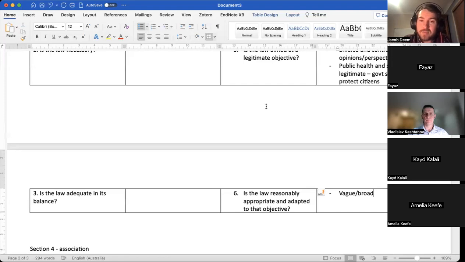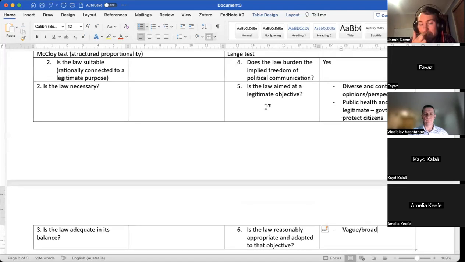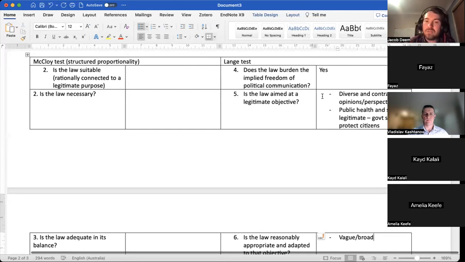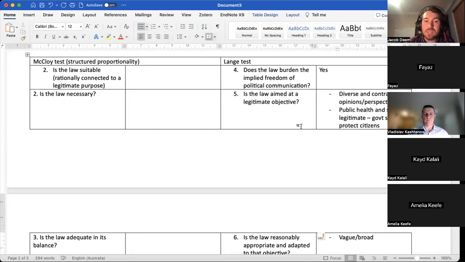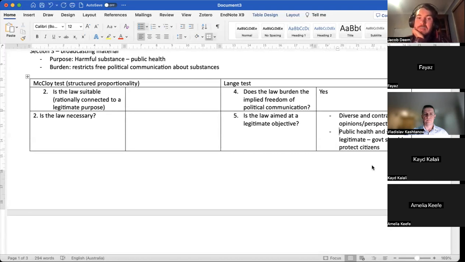So it's very much a live issue. The other thing we can think about around what the objective is and whether it's legitimate is that focusing on public health is an important and useful one, but we might also think about whether there's nuance to be had here.